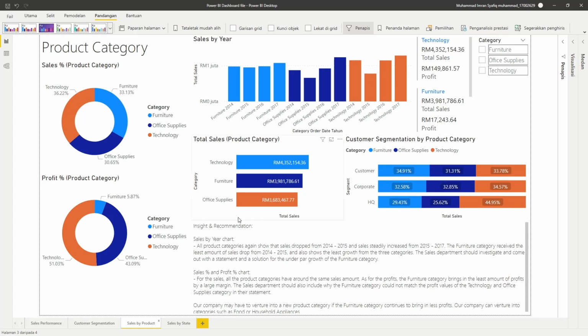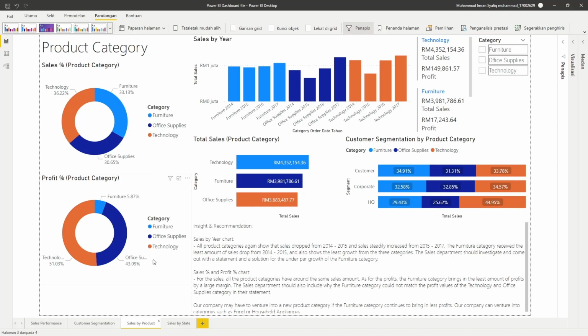Coincidentally, the technology category is also our company's most successful product category, making up 36% of sales and 51% of profits. As we live in the digital age and technology is part of everyone's lives, we can further improve sales in this category, not only in the HQ segment, but in general as well.